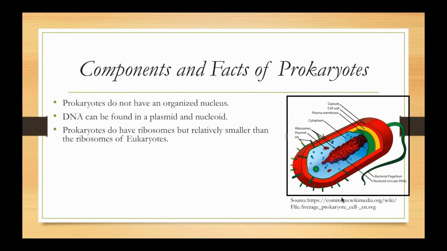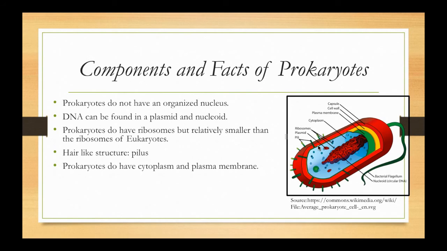Prokaryotes do have ribosomes, but smaller than the ribosomes of eukaryotes. Prokaryotes also have a hair-like structure, the pilus. It does a very interesting job. Pilus is a bridge or a connection between a bacterium and another bacterium. It helps exchange genetic material between them. So it's a bridge connection to exchange some DNA.